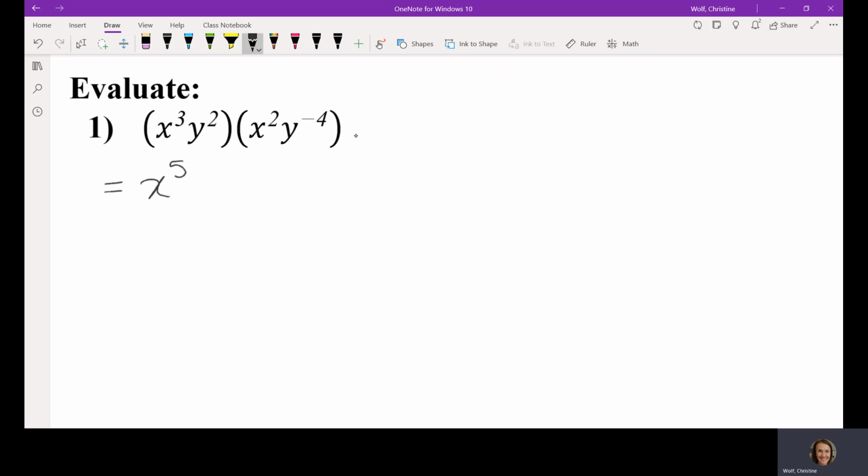You do the same thing with the y's. You have 2 in the first bracket, it's added to negative 4. So be careful. 2 added to a negative 4 is actually 2 minus 4, which is minus 2. So we're still stuck with a negative exponent, but we know how to take care of those. Whenever you have a negative exponent, you just take that base and send it down, in this case because it's already up high.